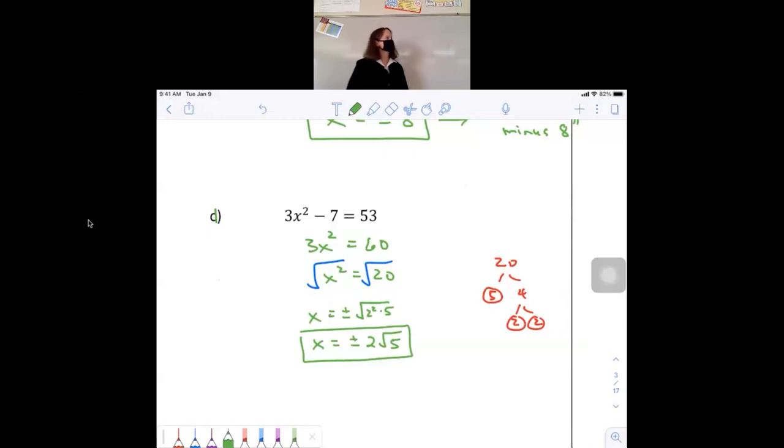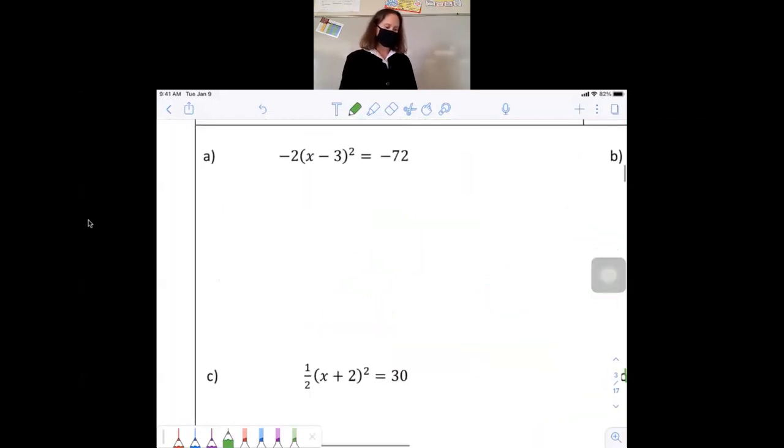So plus or minus the square root of 2 squared times 5. So we get plus or minus 2 times the square root of 5. Right? Because that's squared. 2 squared cancels out, so it's just 2. Any questions on that one?